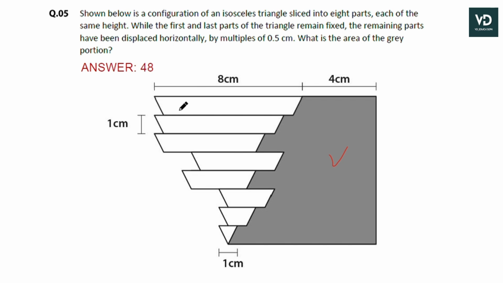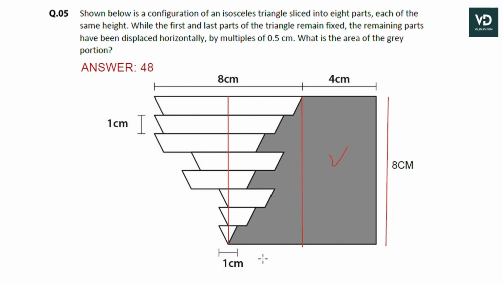ओके, एंड दे हैव प्रोवाइडेड 8 slices with the height of 1 centimeter. So here we can mention this height will be of 8 centimeter. Okay, and this will be also 8 centimeter, and we can divide this triangle with half and this rectangle with a half.